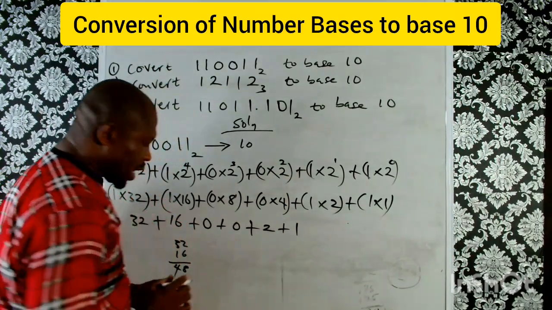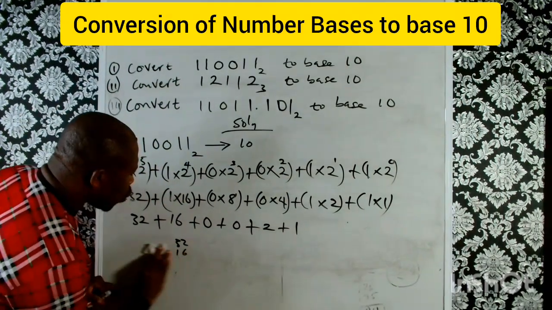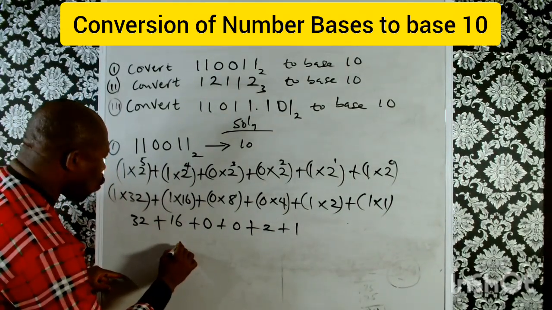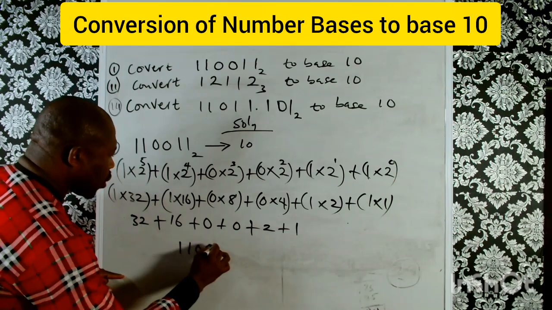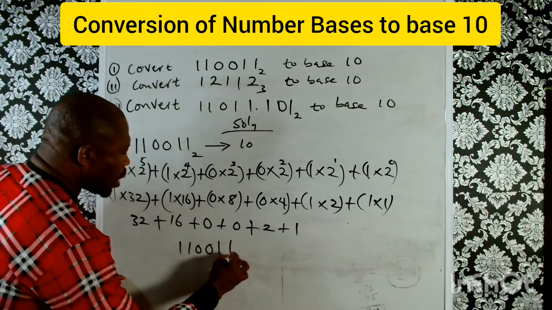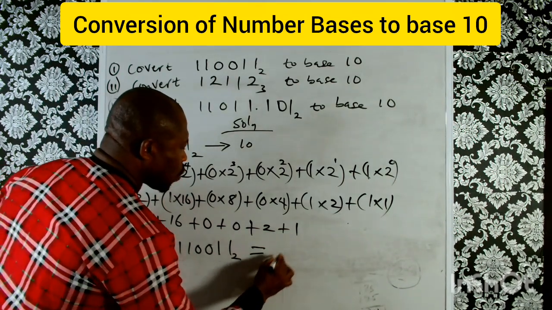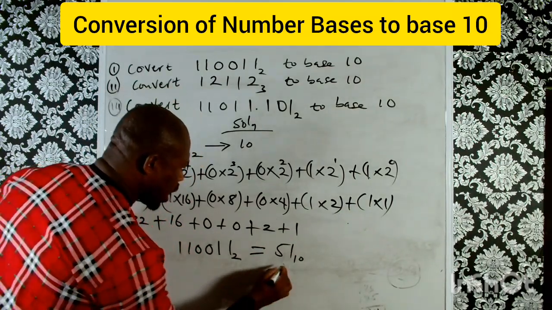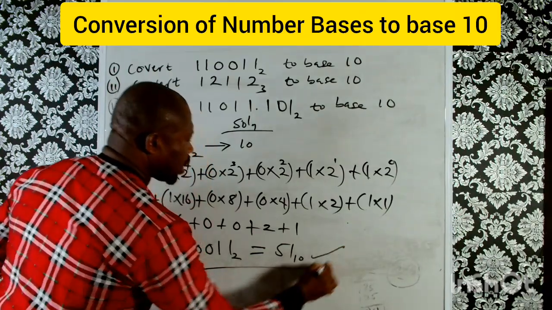Therefore, we can conclude by saying that 110011 base 2 is equal to 51 base 10, and this is our answer.